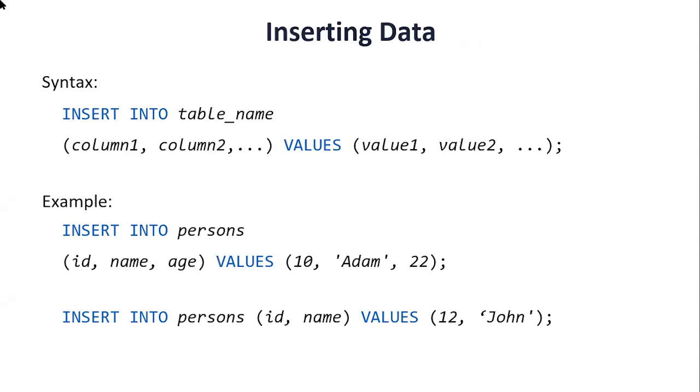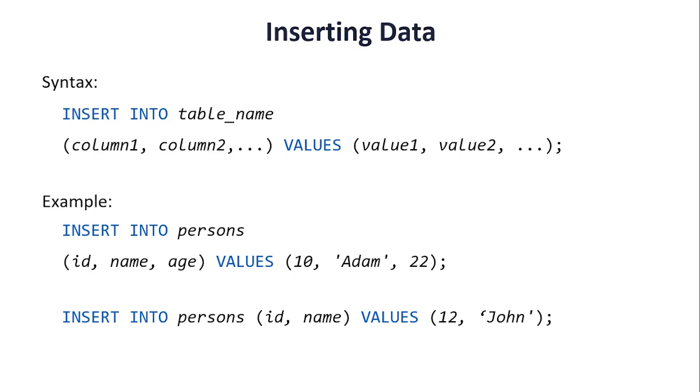We start with the keywords insert into, followed by the table name, and then followed by the list of columns within brackets. And again followed by the keyword values, and then whatever values we want to be inserted into those columns that we mentioned.